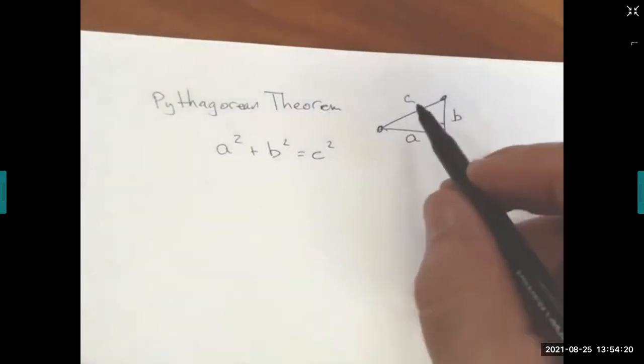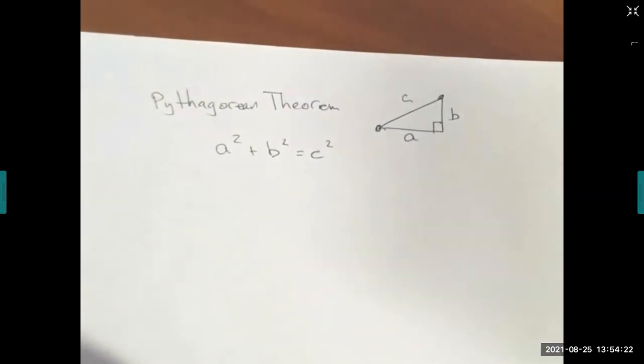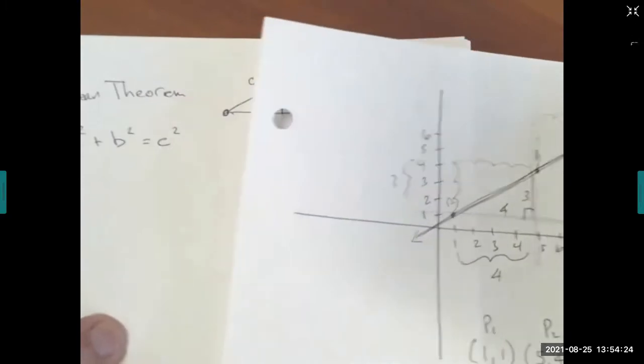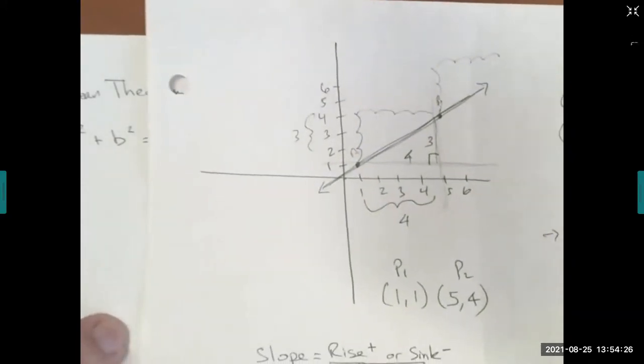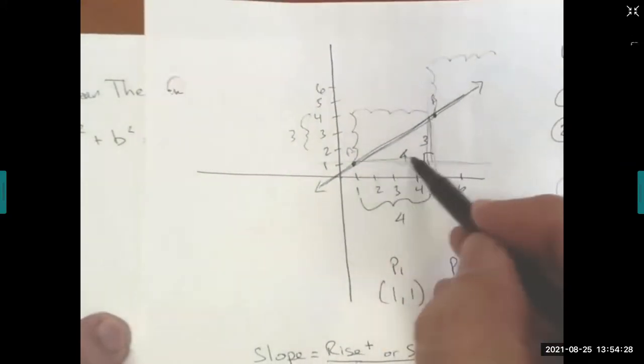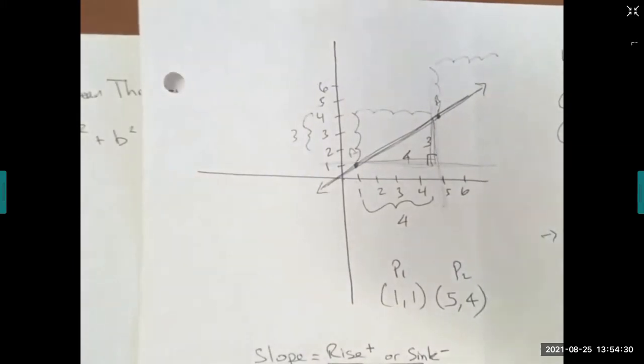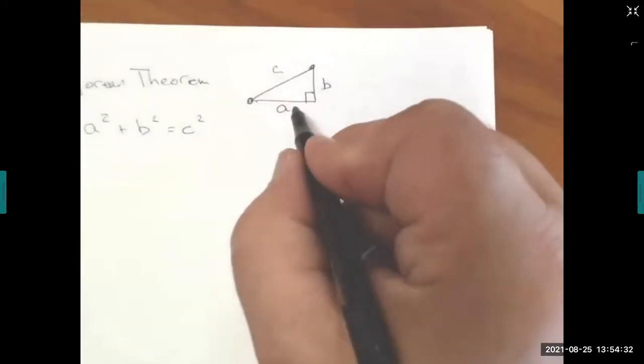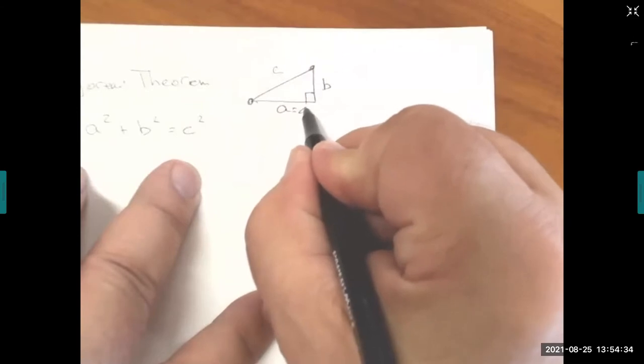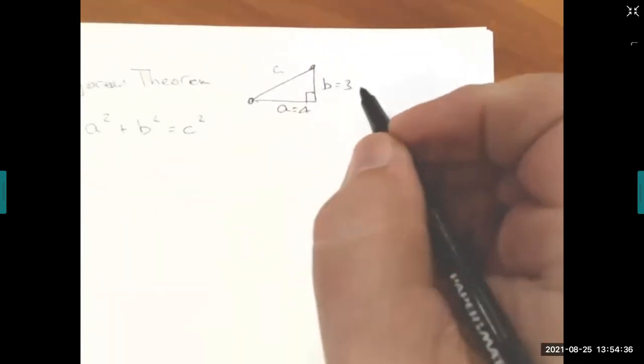So basically, this is the same picture we have. For ours, we know A is 4, B is 3.